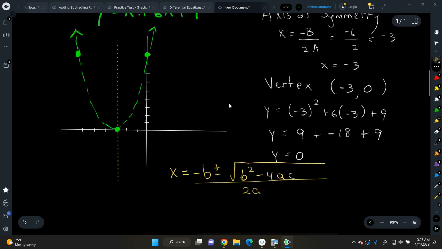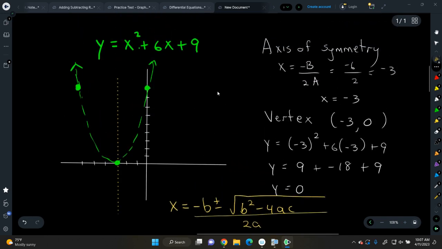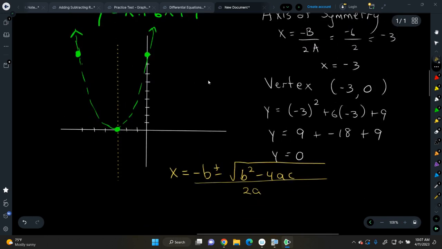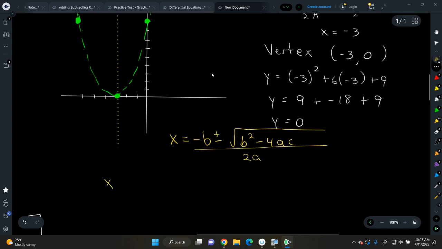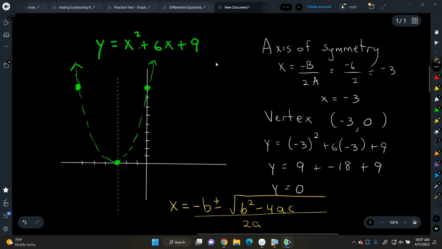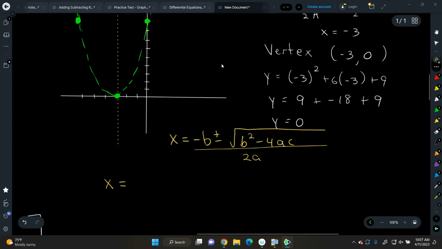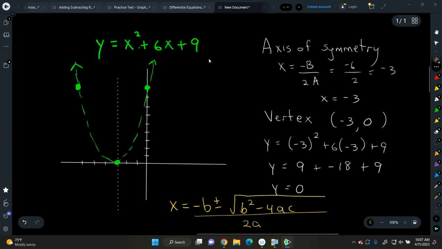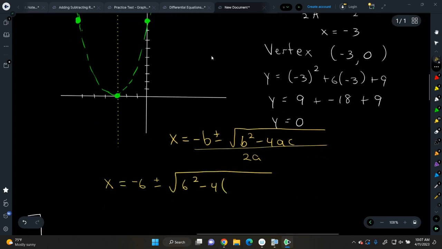Okay, so x is equal to negative b. What was b? 6, so it's negative 6 plus or minus the square root of 6 squared minus 4 times 1 times 9 all over 2 times 1.